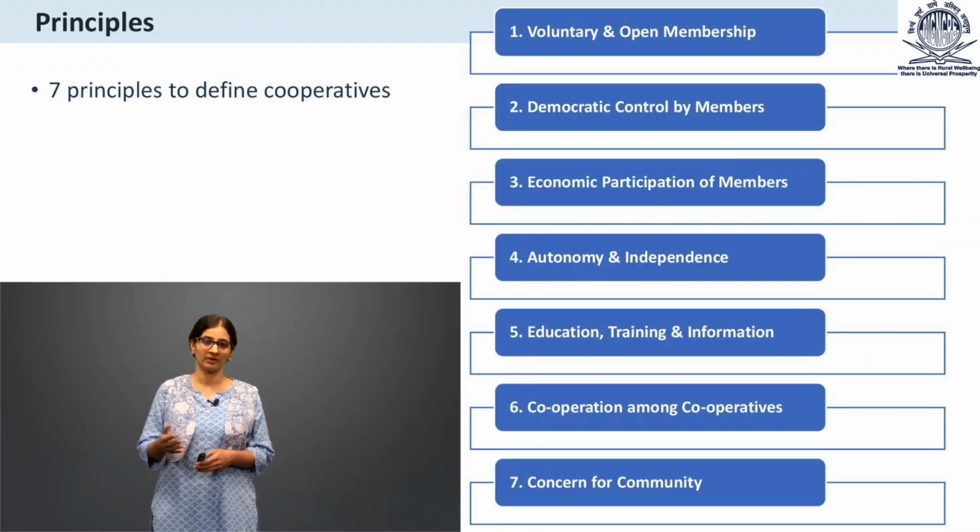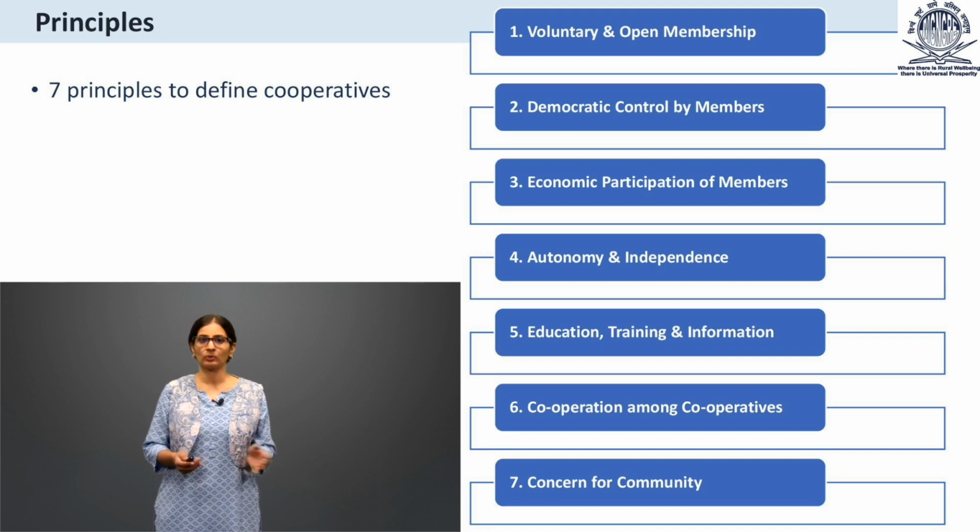To understand better what makes cooperatives what they are, or what distinguishes cooperatives, we need to understand the principles that actually make a cooperative. There are 7 principles which define cooperatives, and going through these will help us understand more clearly about cooperatives, and these principles have been outlined once again by the International Cooperative Alliance.